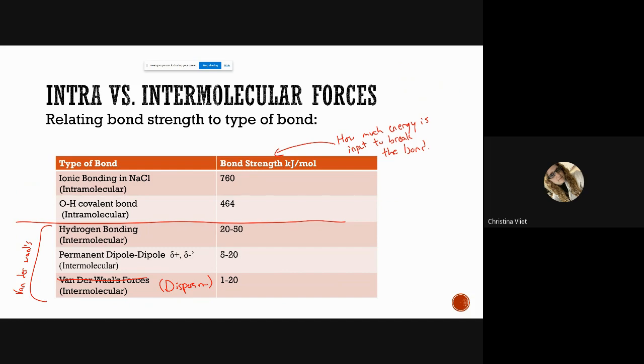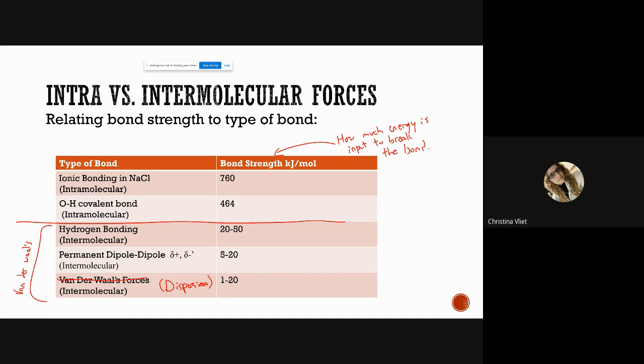If you look back at the objectives, Cambridge had altered a little bit the wording. Van der Waals actually describes all of these. This is a science name, actually. All the interactions between different molecules are, as an umbrella term, called van der Waals. So I would cross that out, write dispersion in its place, and then put van der Waals here for all three. What do you notice between the difference in breaking an ionic or a covalent bond versus breaking one of these new types of forces of interaction we're talking about?